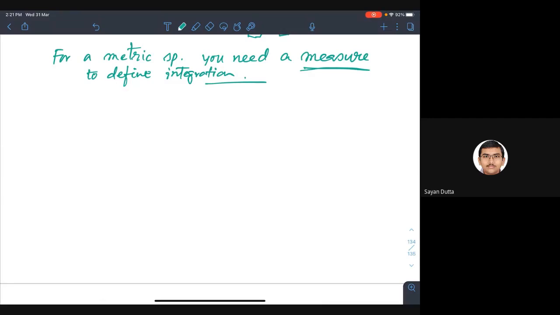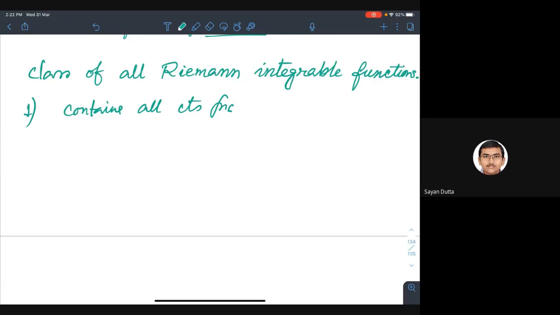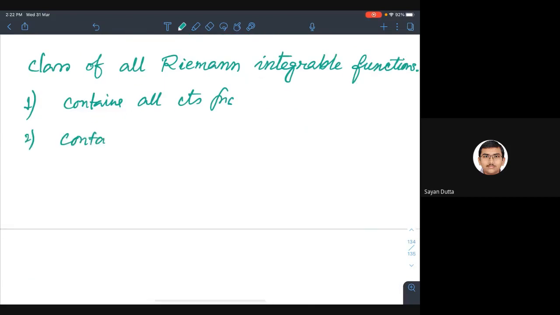The class of all Riemann integrable functions. Firstly, it contains all continuous functions, contains functions with finitely many discontinuities, contains bounded functions.